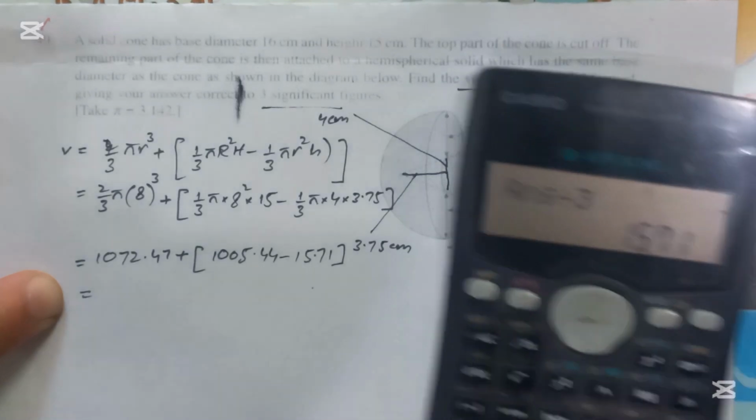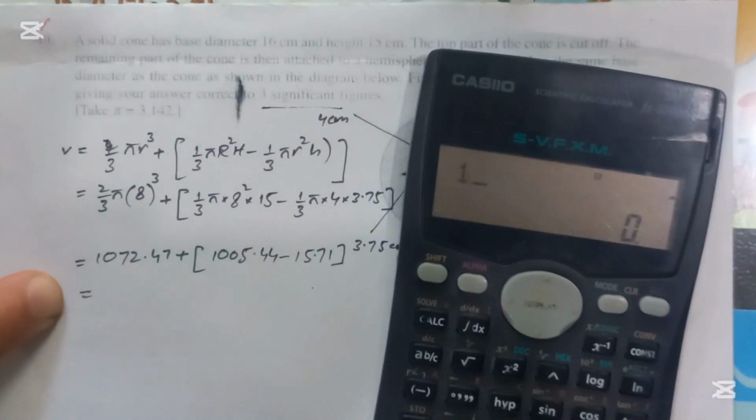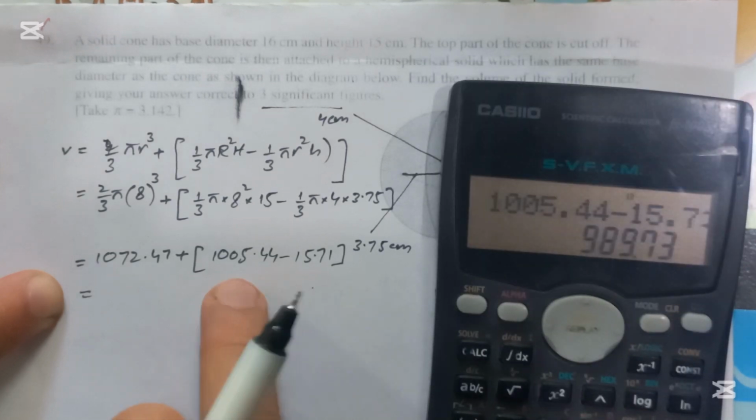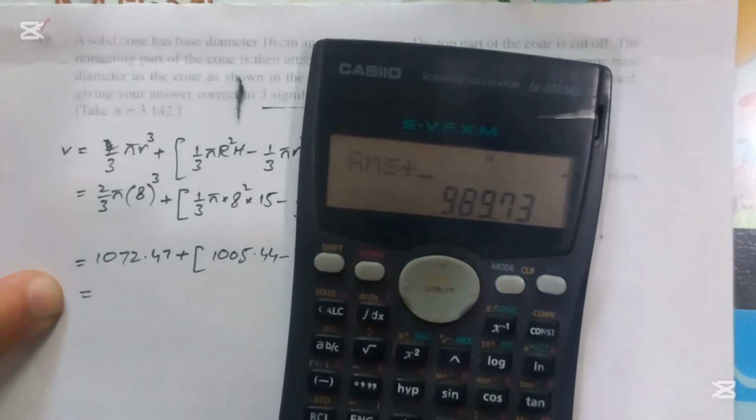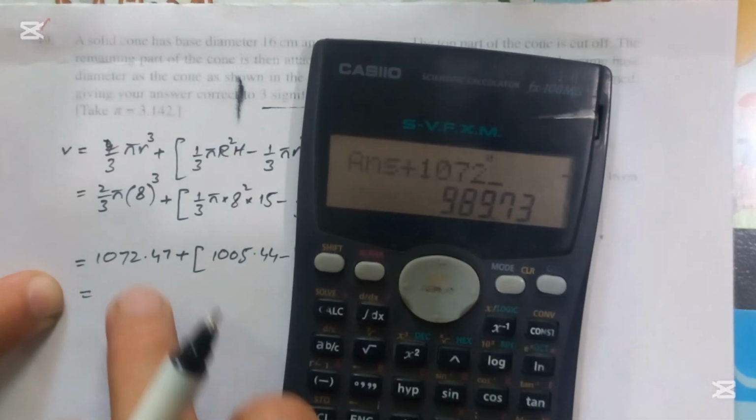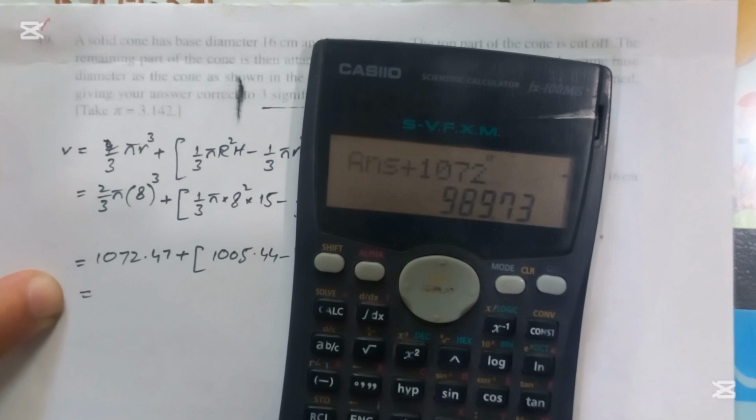Okay, subtract these values, 1005.44 minus 15.71. This is the answer of the bracket. So plus 1072.47.